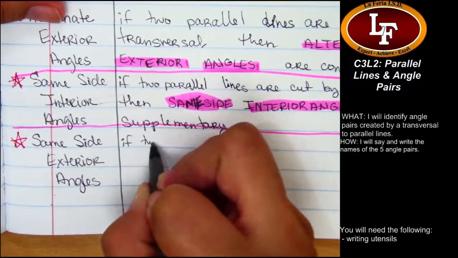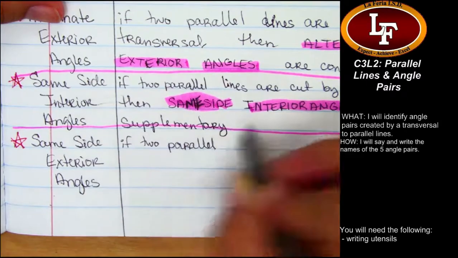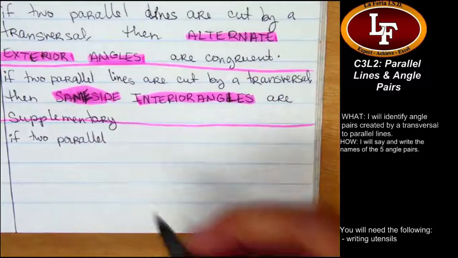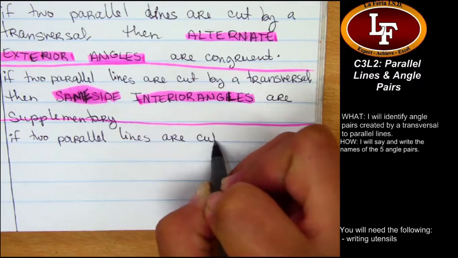Like all the others, this conditional if-then statement is going to start off exactly the same. If two parallel lines are cut by a transversal.